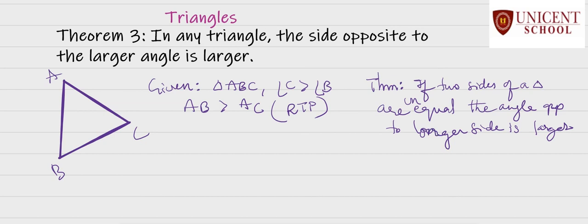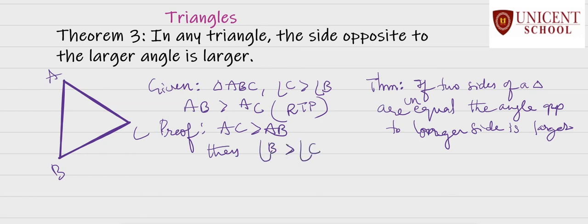The longer side or the larger side, you can represent it any way. So based on this theorem, I assume for the proof that AC is greater than AB. Then angle B is greater than angle C, which contradicts our assumption. Hence, we can say that side AB is greater than AC.